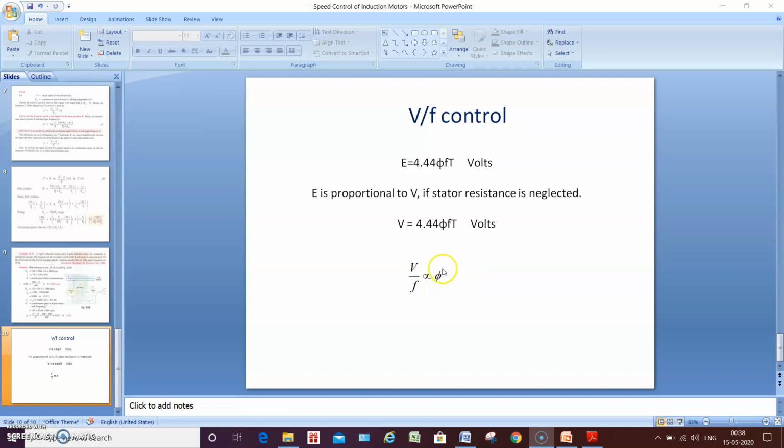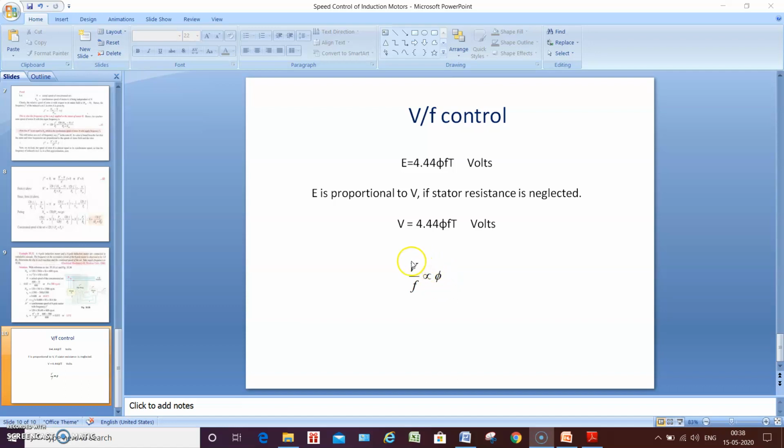That's why we operate the flux at a constant value, at the rated value, so that the best performance of any drive will be obtained only if you operate the motor at the rated flux value. So this flux is being disturbed.